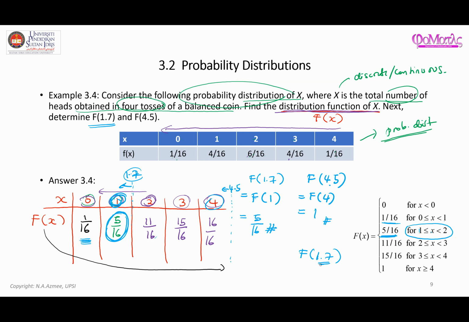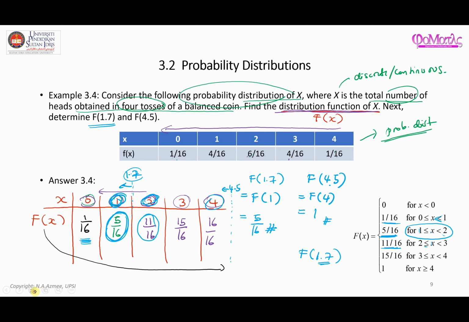For example, 1.7 is greater than 1, yes, and all those values are before 2, because when it is 2, the result is going to be 11/16. So here 11/16 is for x equals 2 or greater than that and less than 3. Be careful with the use of the inequality sign. There are some without the equal sign, some with the equal sign, and so on.